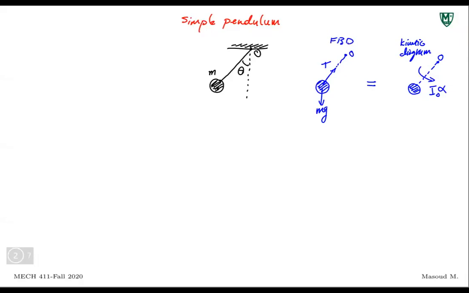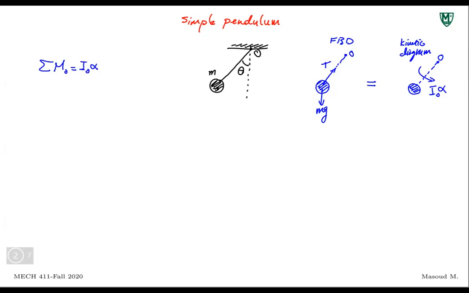So all I need to do is form the equation of motion, right? The summation of moments around point O is equal to I_O alpha, alpha being the angular acceleration. Stop me whenever you feel like it's confusing. I'm hoping that these are all familiar from dynamics.